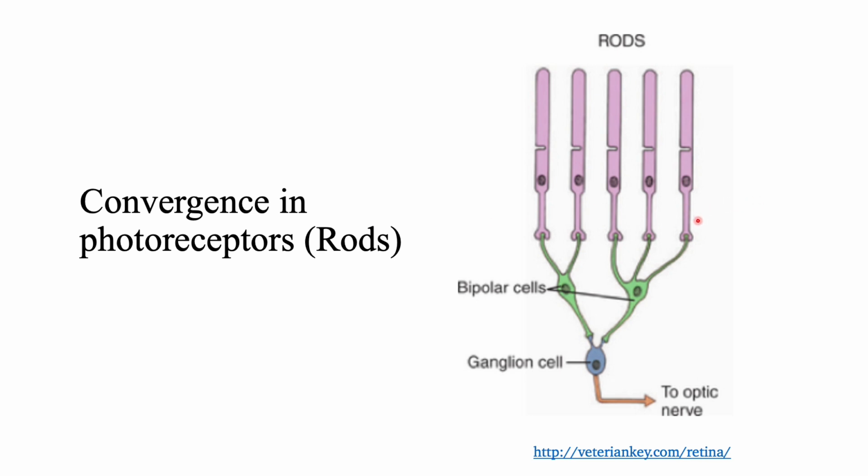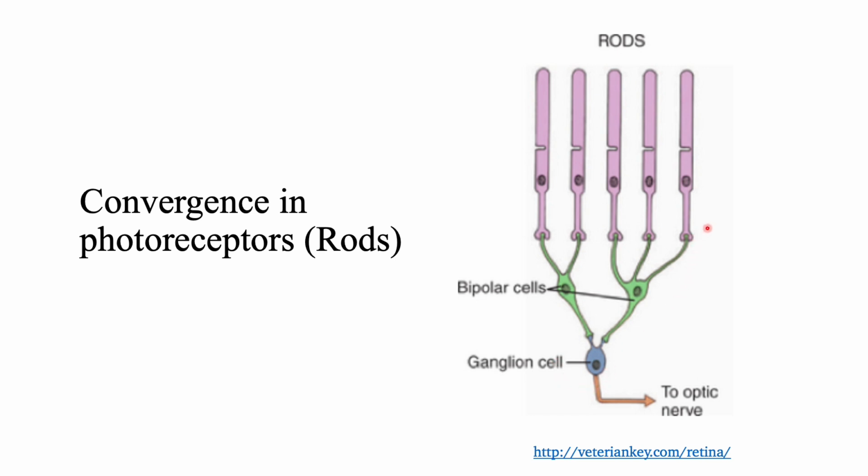What helps with that is the convergence on a single neuron called a ganglion cell. For example, this excitatory postsynaptic potential occurring at the level of the receptor is most likely not enough to cause an action potential to reach a threshold.